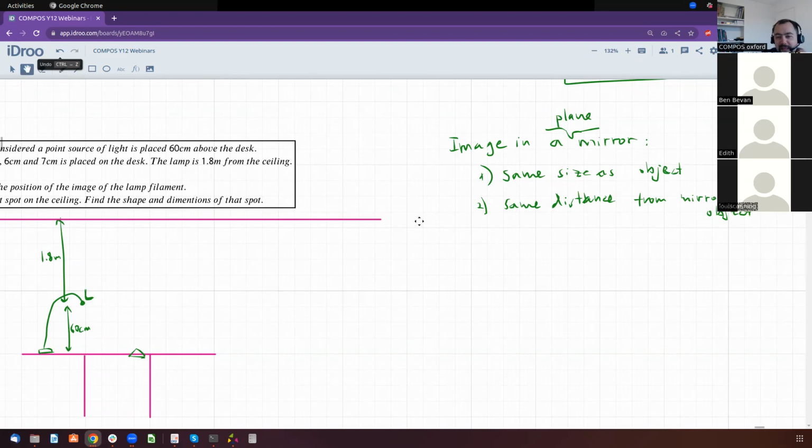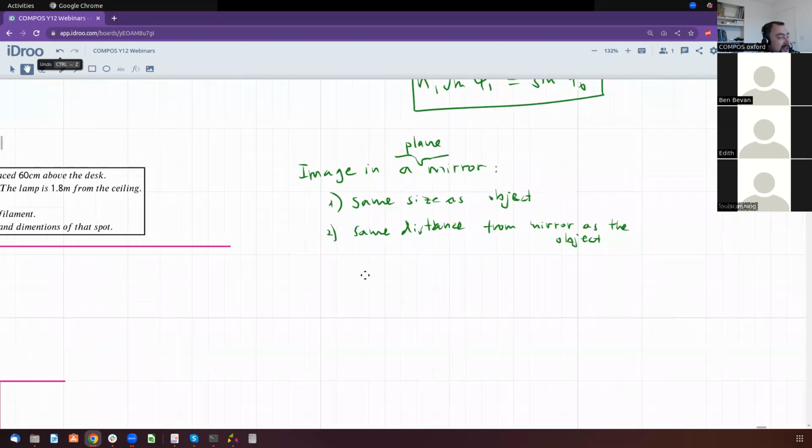That's an important thing. It's the same distance. So the distance from the house to the mirror is exactly the same as the distance from the mirror to the image of the house.